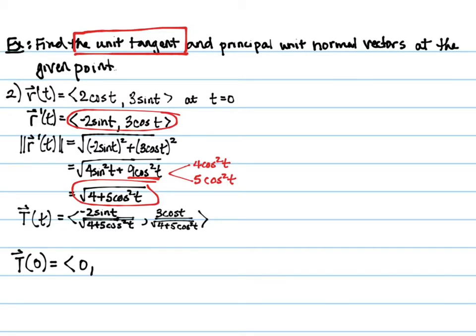Good. On the second one, I would get 3 on top, and on the bottom, the square root of 9, so it would be 3. So I would actually get the unit vector, the vector 0, 1.